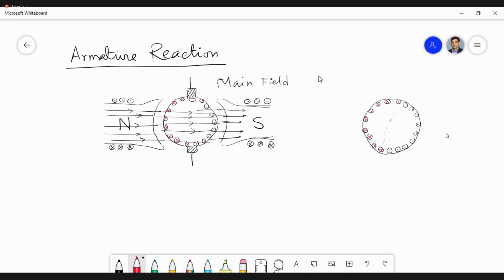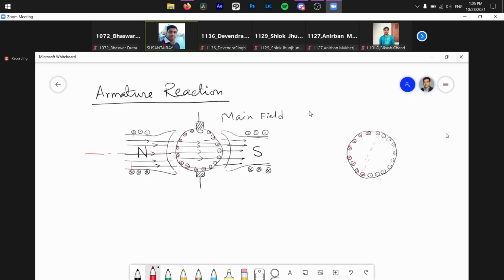Got my point? But the field winding has a common axis like this. So if you take this particular coil, its axis is the same as the other coils. So that means the two windings are different for armature and field. One is concentric winding, which is used for the field. Another is the distributed winding, which we have used for the armature.